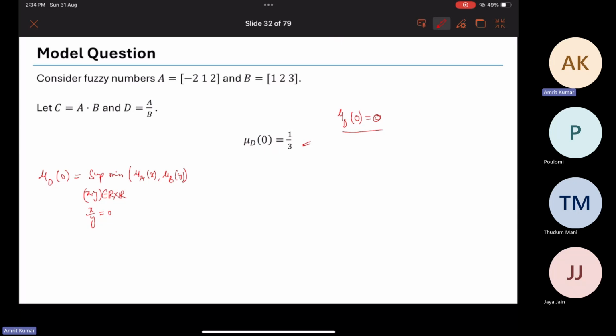So in such a case, you need to look at the supremum and try to simplify it. So notice that if x comma y is a pair in R cross R such that xy equals 0, then this is the same as saying that x is any non-zero real number.